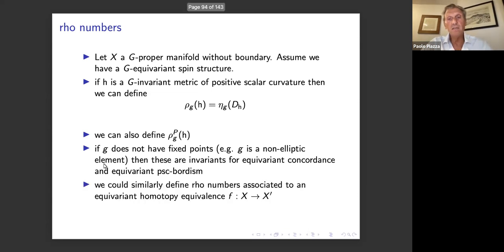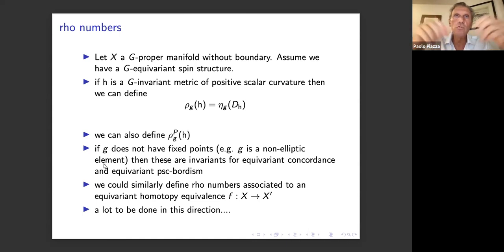And similarly, you can look at G-equivariant homotopy equivalence, but there is a lot to be done in this direction, and the reason is the following. All the results that have been proved by Weinberger, Xie, myself with Schick and Zenobi, they all use surgery in a very crucial way.